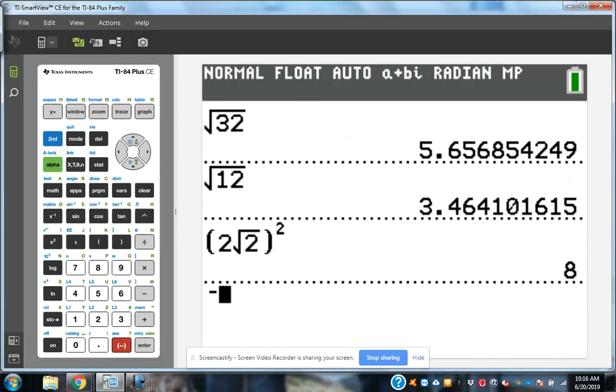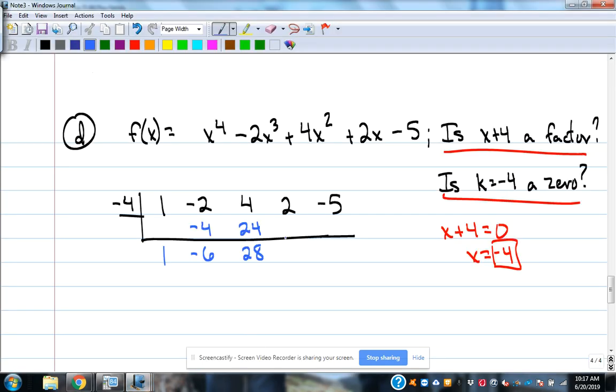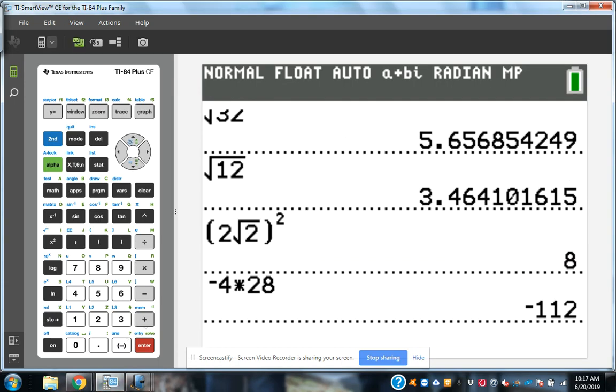I don't know my 28's times tables. Negative 112. Add, I can do that. That's negative 110. Multiply. Definitely know that that's not going to be positive 5, but I'm just going to go ahead and get it.